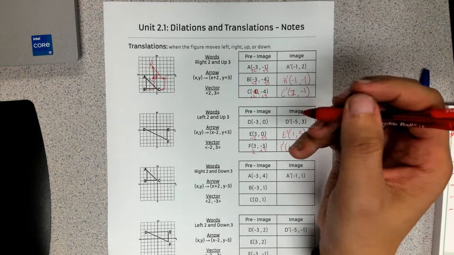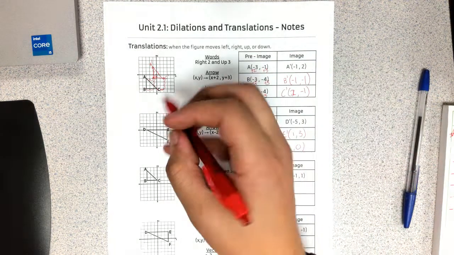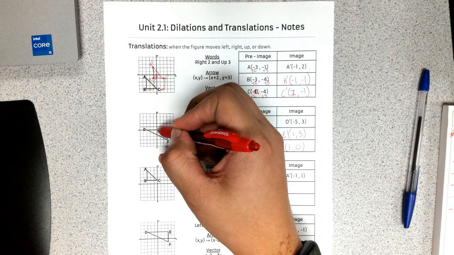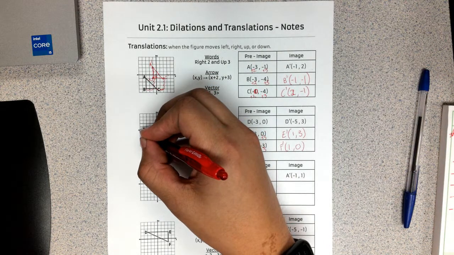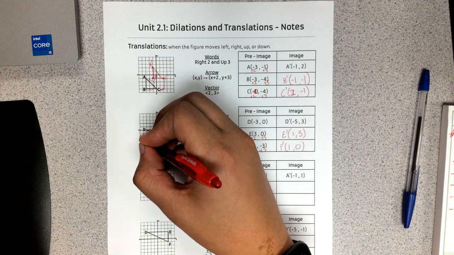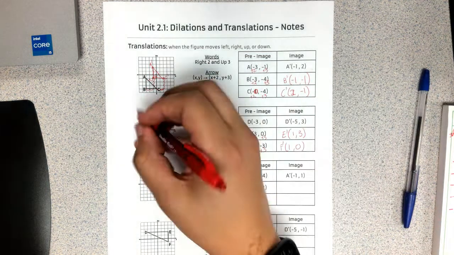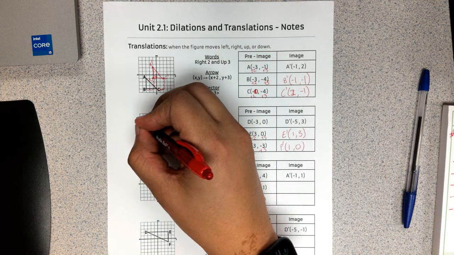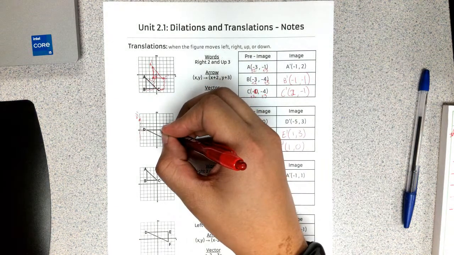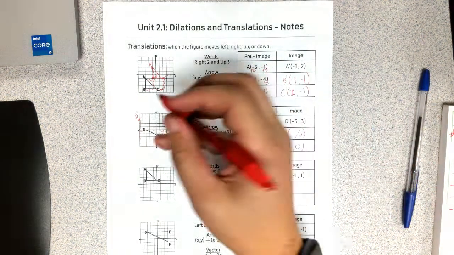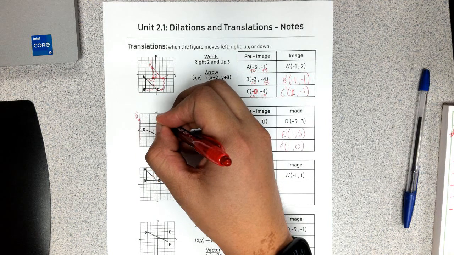And so I can see that by moving things here. D was at negative 3, 0, so 1, 2, 3. And then I move to the left 2, 1, 2, and then down 1, 2, 3. Oh, not down, up 1, 2, 3. So now D prime is there. E prime I go 1, 2, and then up 3, 1, 2, 3.